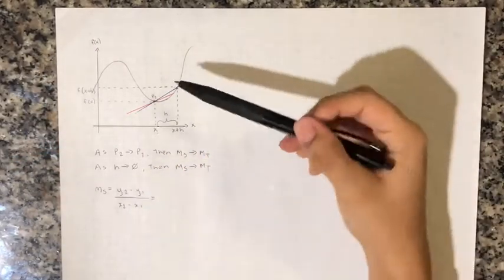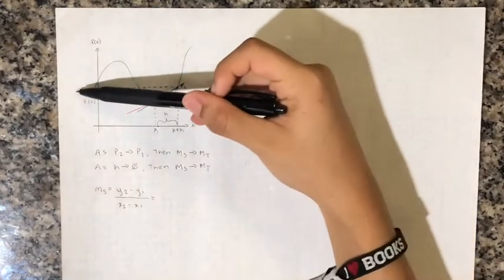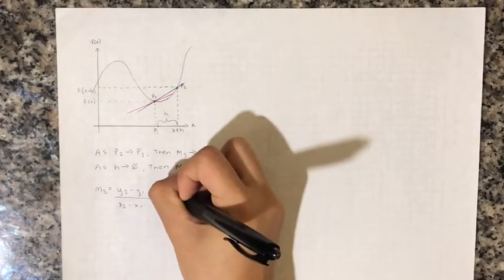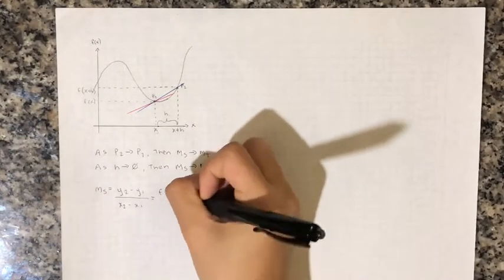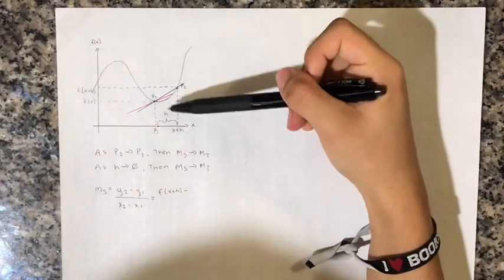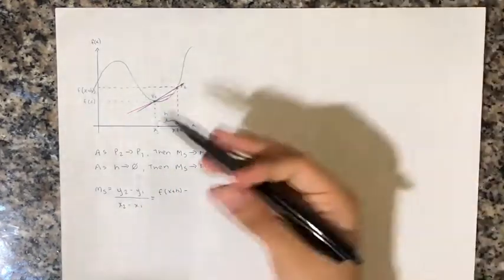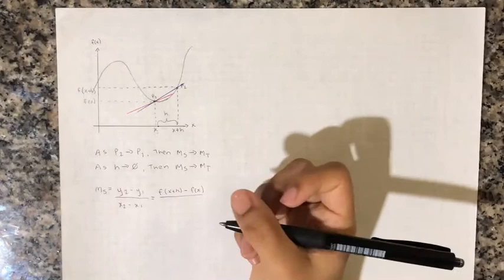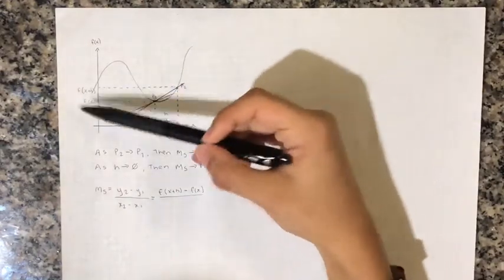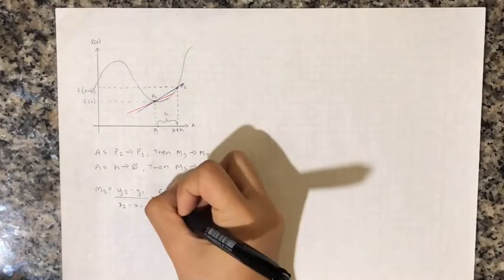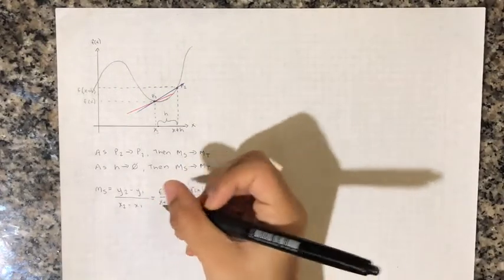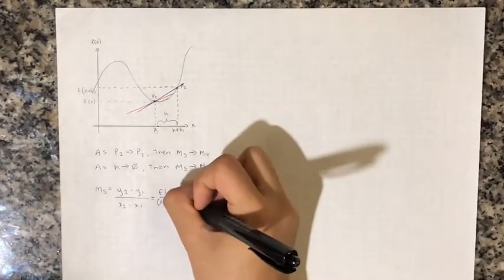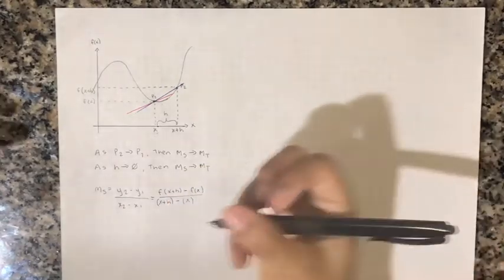We know that y2 is f(x plus h), minus y1, which would be f(x), over x2, which is x plus h, minus x1, which is just x. Let's continue.